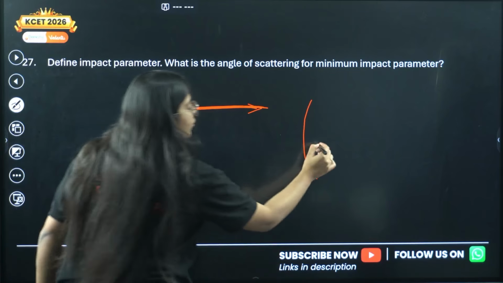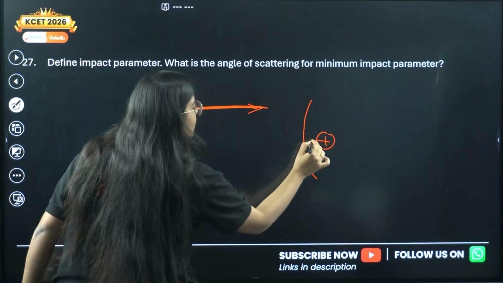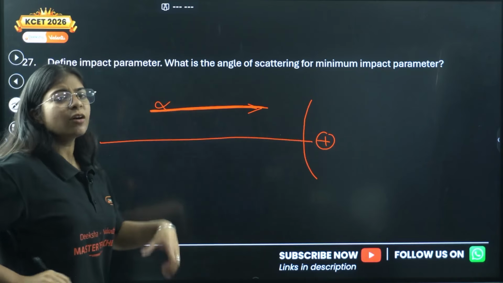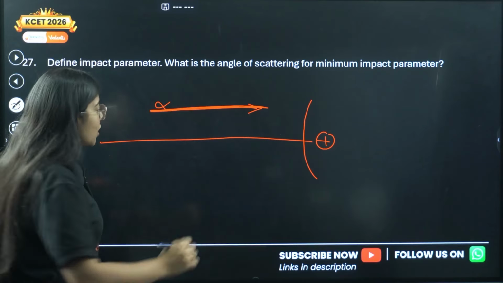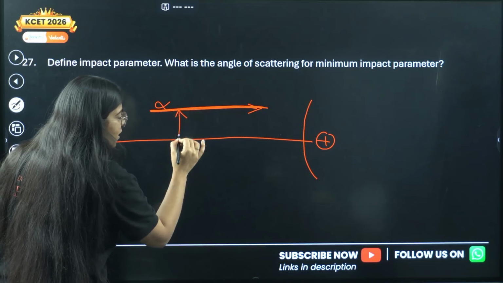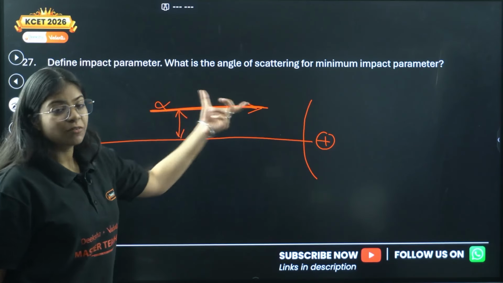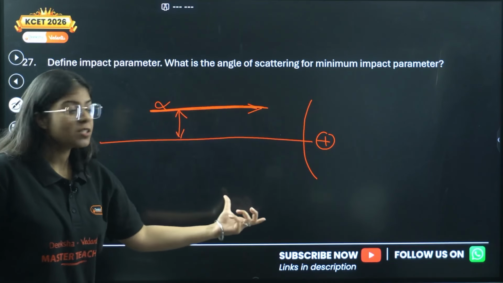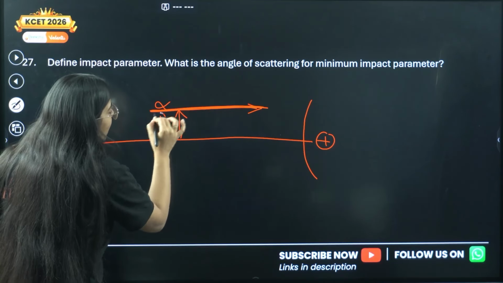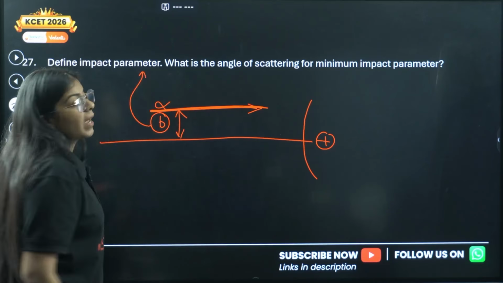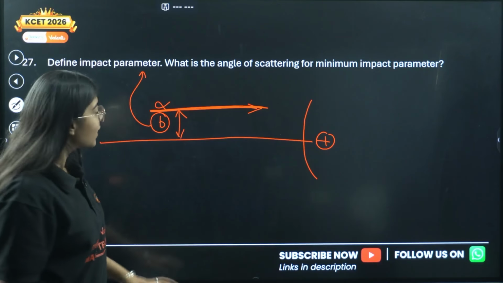From the center of the nucleus, this is our principal axis. The perpendicular distance between the path of the alpha particle and the principal axis is called b, which is our impact parameter, correct?